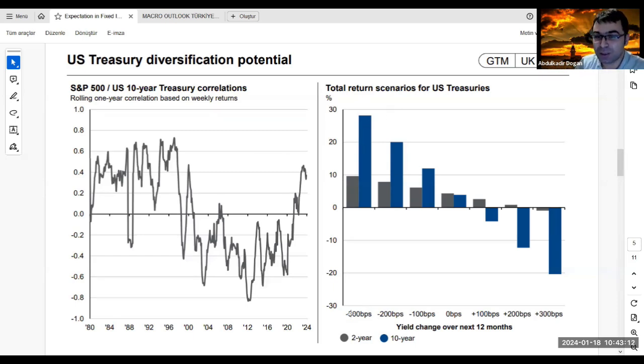And here, as you see, we have the yield change over the next couple of months. Here the 2-year is the black column and the 10-year is this one. And here we have total return scenarios. The scenario says that the 10-year Treasury yield decreases at most 20%, but it can increase approximately 27%. Meaning the decrease scenario is less probable than the increase scenario. So if I take equal opportunity, my return in a high increase in yield is approximately 27%, and my loss is 20%.